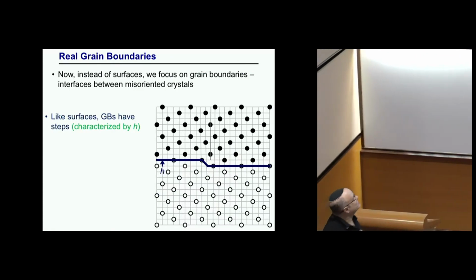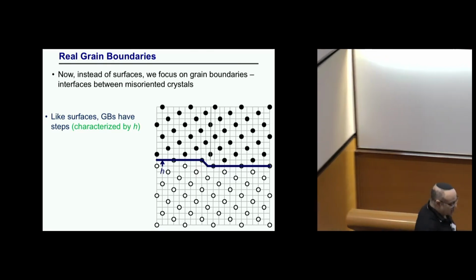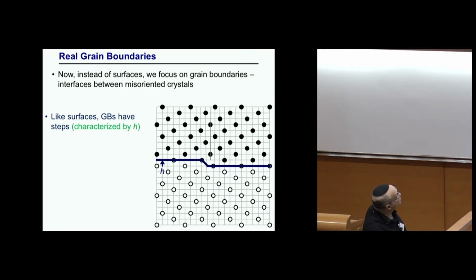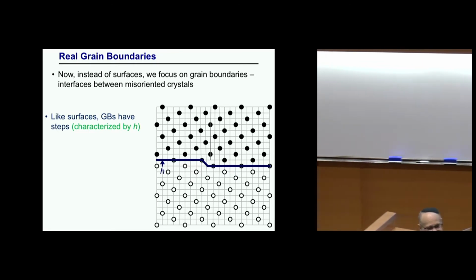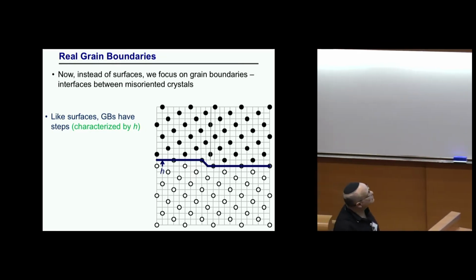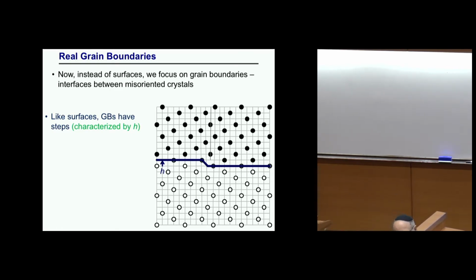In grain boundaries, we have the same sort of thing where these are 2 crystals. I just put these atoms white, these atoms black. It doesn't matter. I'm just coloring them so you can tell which one's which. And you can see they have the same crystal structure, and they're misoriented, this arrangement relative to this one. And there's a very fine lattice that we can describe for the 2 crystals together.